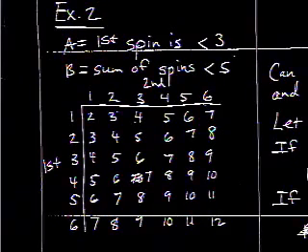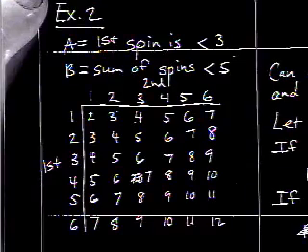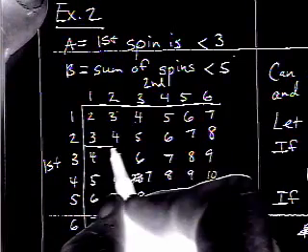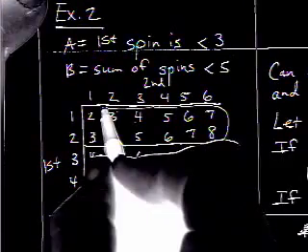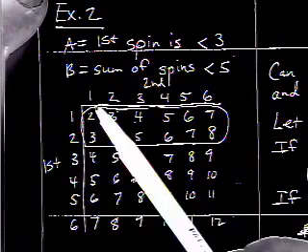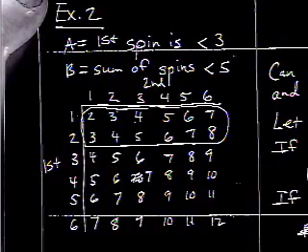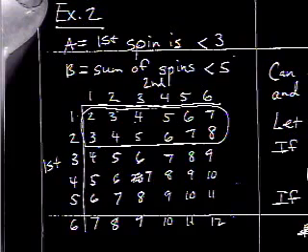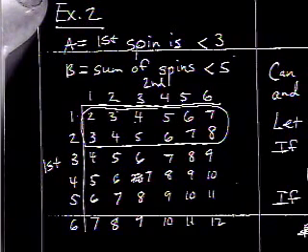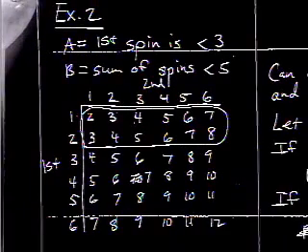Now, the probability of A, the first spin is less than 3. Well, that happens to be all of these options in here, because the first spin would be a 1 or a 2. So there are 12 out of 36, or 1 out of 6 options there.